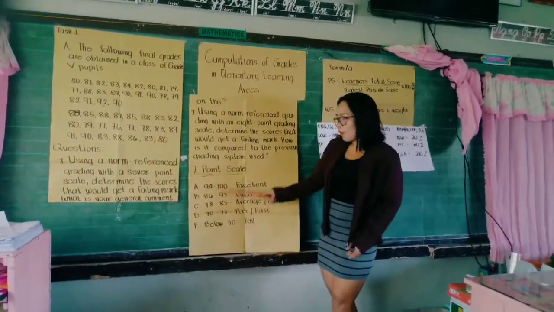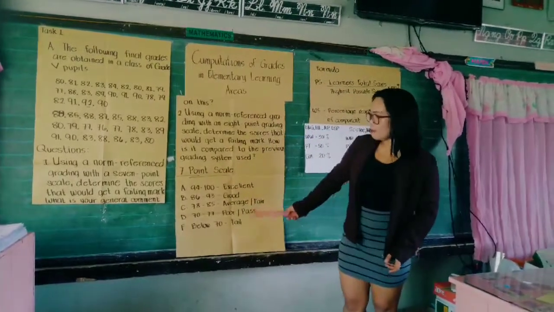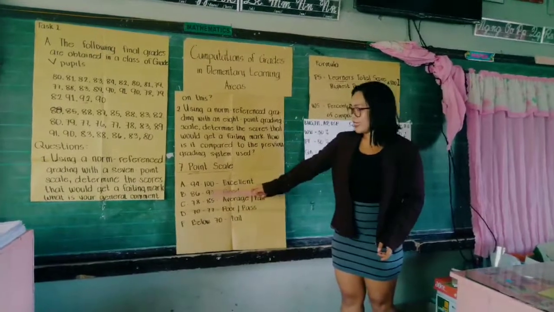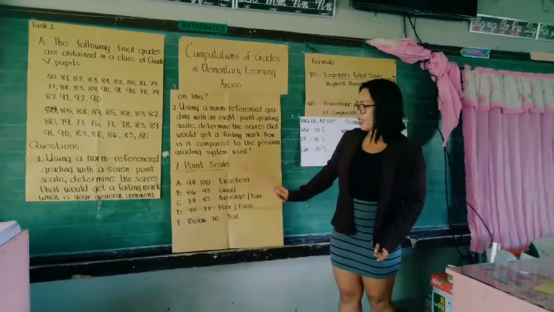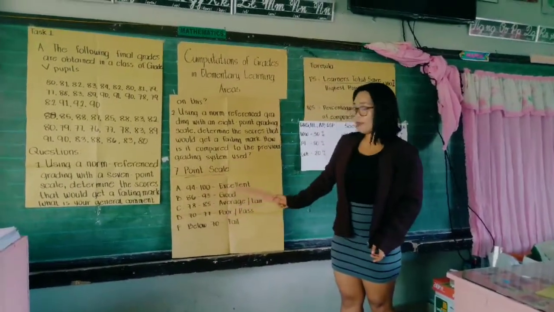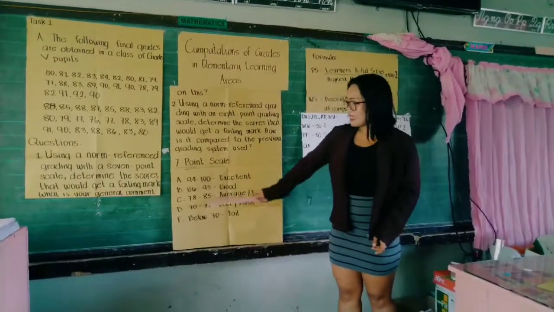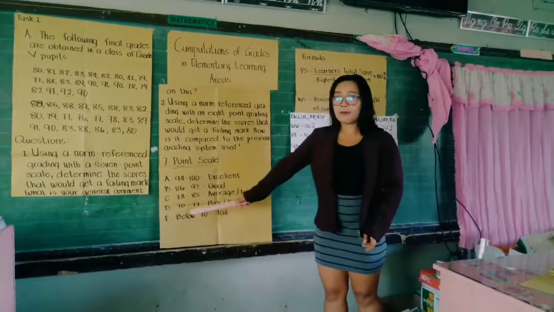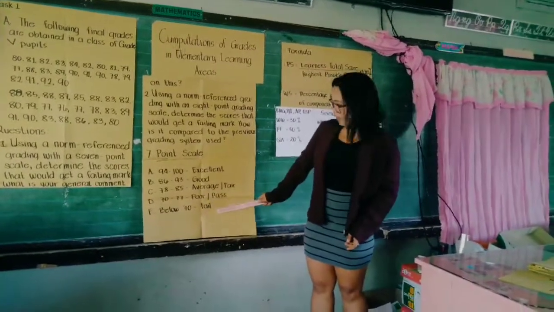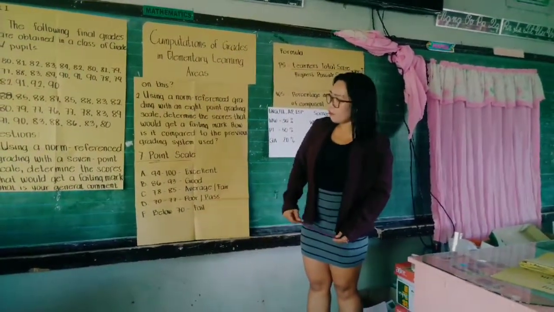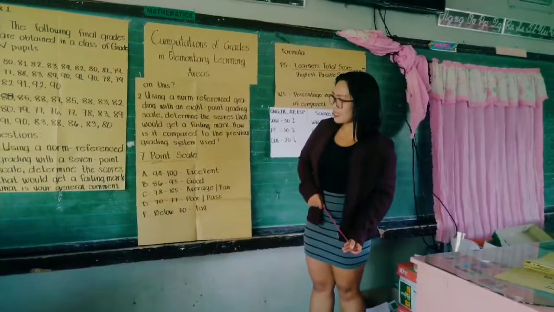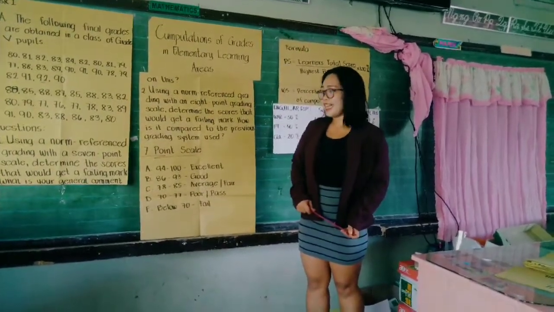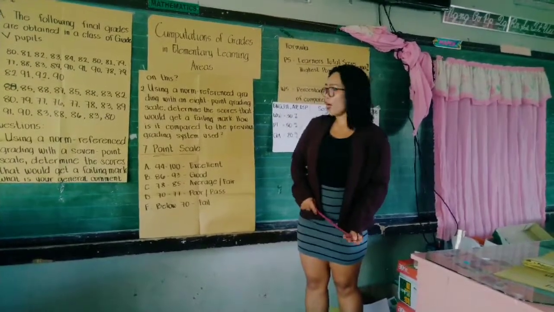So for the 7-point scale, we have 94 to 100, excellent, 86 to 93, good, 78 to 85, average or fair, 70 to 77, poor or pass, and below 70, fail. So, for my general comment for this, therefore, none of the students get the failing mark.